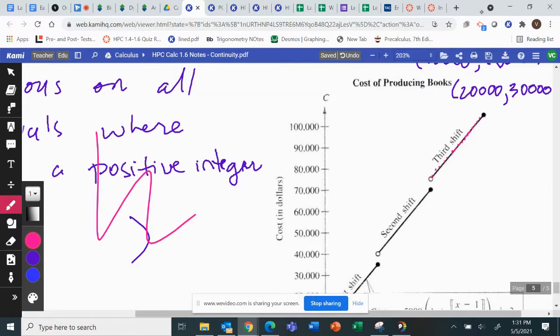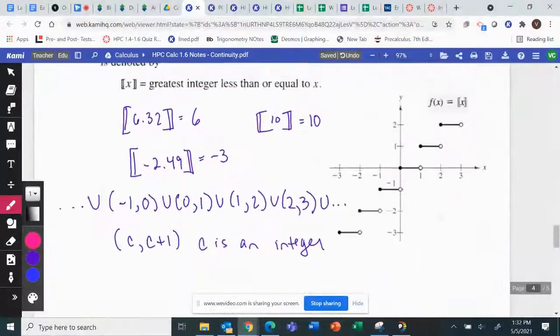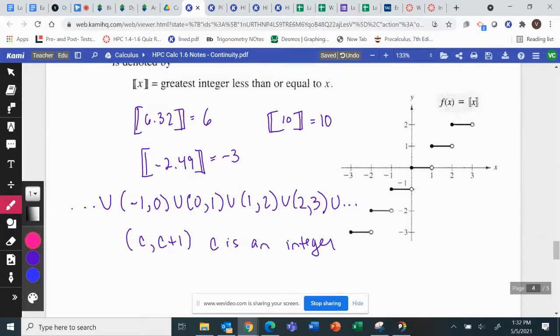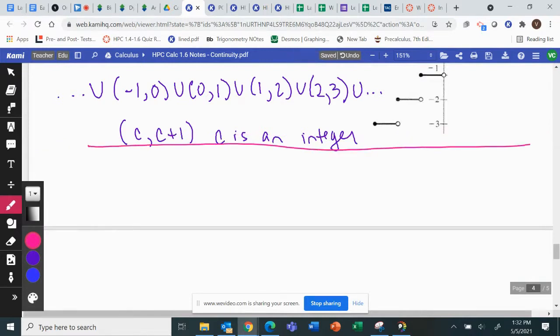Do we understand this one? Because the questions in the homework are going to be more like this one. Do we understand why C is an integer? It's going to go from C to 1 more than C. Do we understand that one? So if I had a different picture and the graph was jumping up and we had like -1 to 1 union, 1 to 3 union, 3 to 5 union.